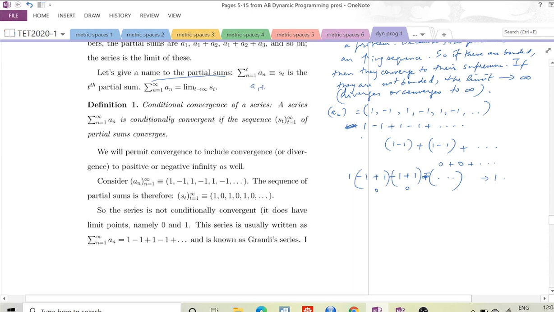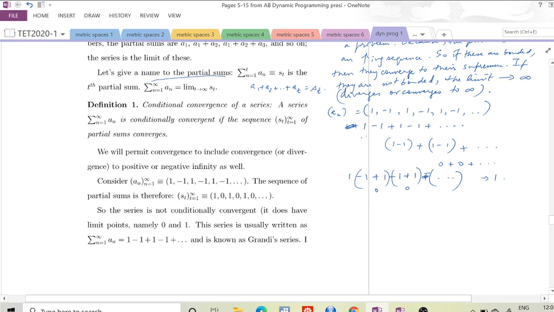So a1 plus a2 all the way through a_t, I'm going to call that S_t. Right? And then this series, or this infinite sum, is defined as the limit of S_t as t goes to infinity, right?